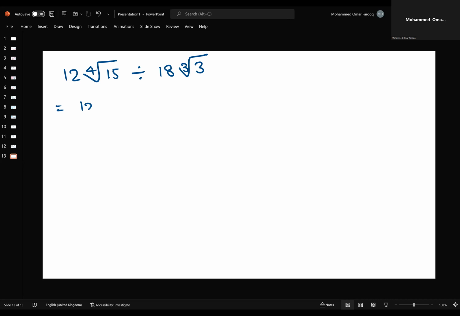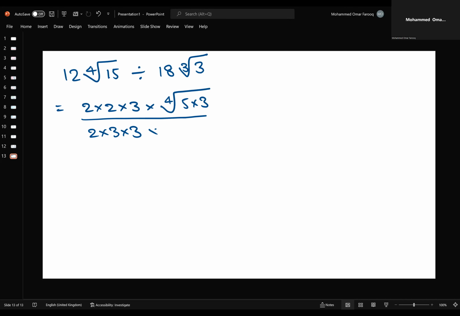Here, 12, you write it as prime factors: 2 into 2 into 3, multiplied by the fourth root of 15. Can I write 15 as 5 into 3? Yes. Divided by 18, which is 2 into 3 into 3, multiplied by the cube root of 3.